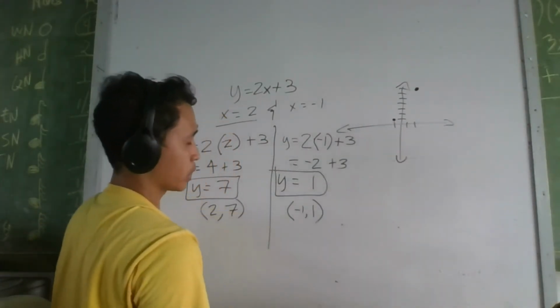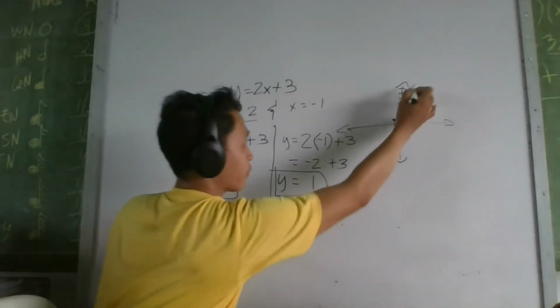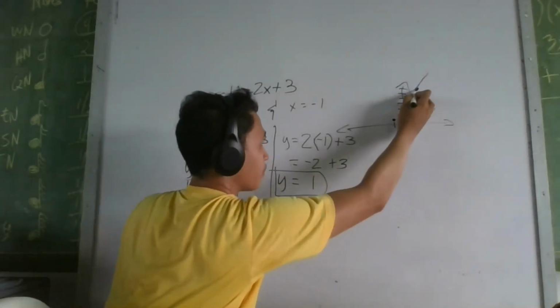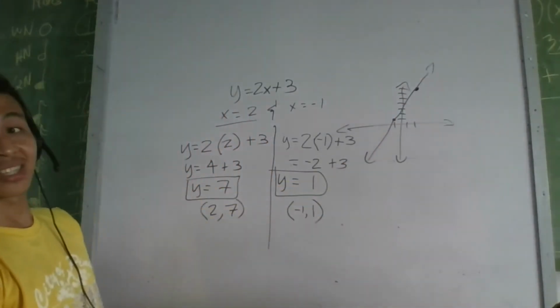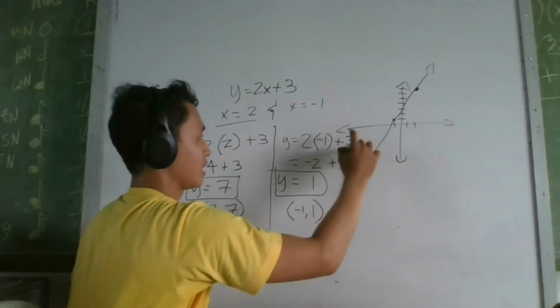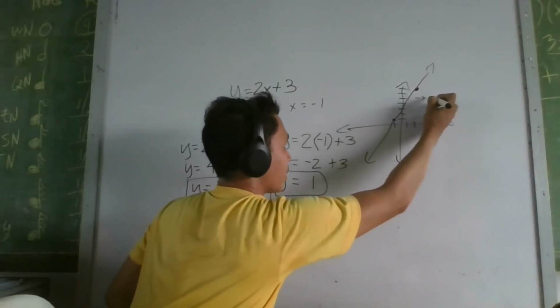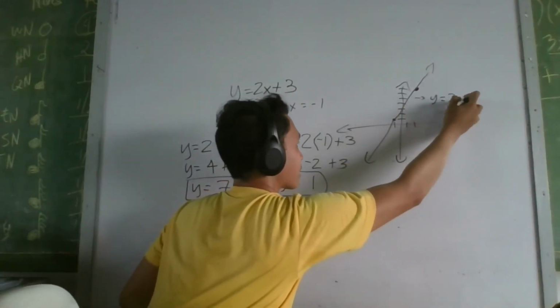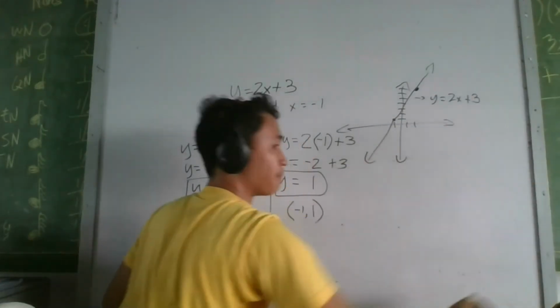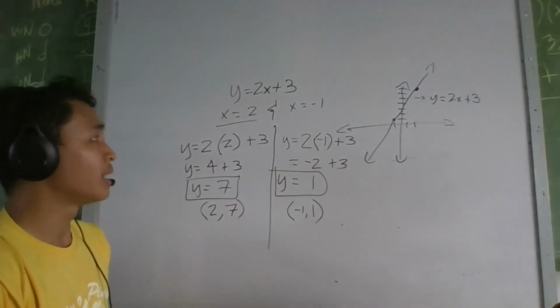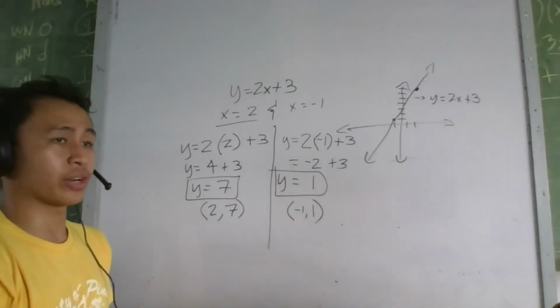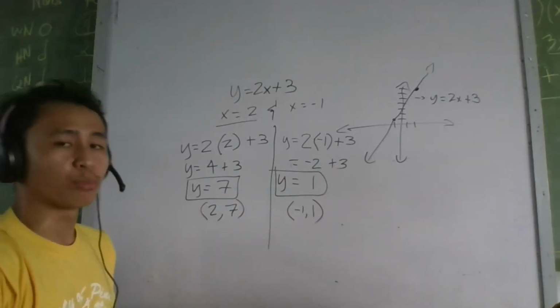So, what we're going to do is connect the 2 points. Just assume that it is a straight line. Okay? So, ito yung magiging itsura ng y equals 2x plus 3. Kuha? So, that's how you graph linear equation in two variables. First given is 2 points.